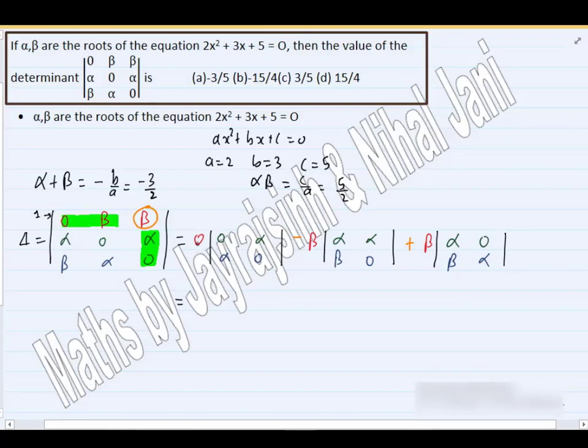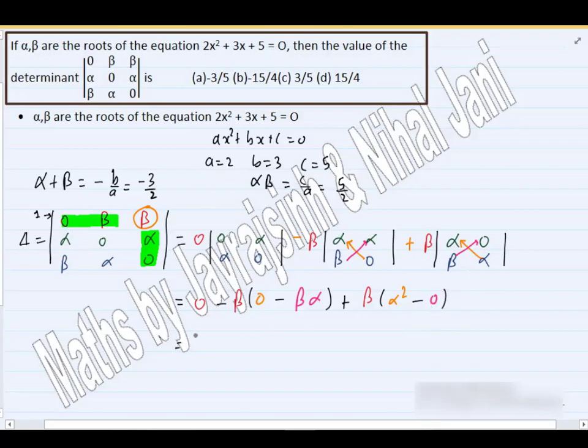Okay. Now the first element is 0, so no need to expand it. Minus beta in the bracket. Here 0 multiplied with alpha will give us 0, minus beta into alpha will give us minus beta alpha, plus beta as it is, and alpha multiplied with alpha gives us alpha square, minus beta into 0 gives us 0.